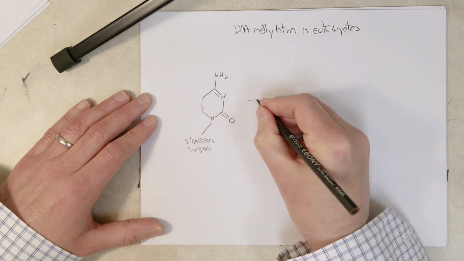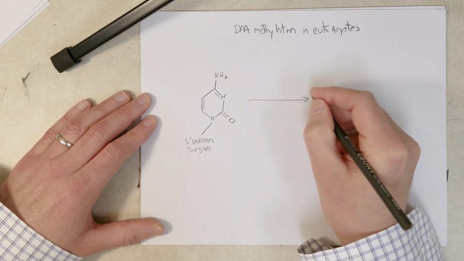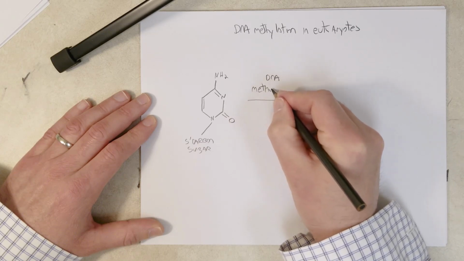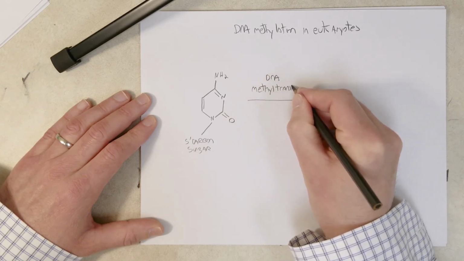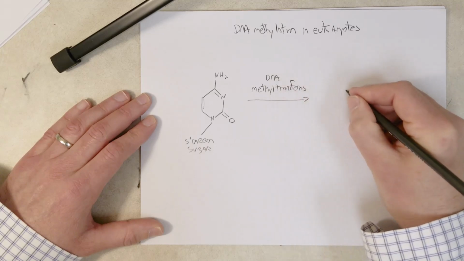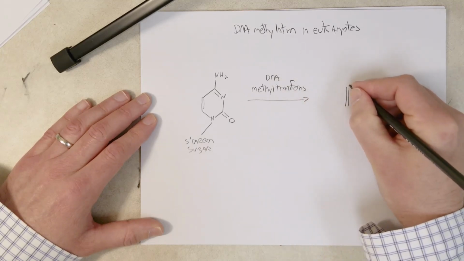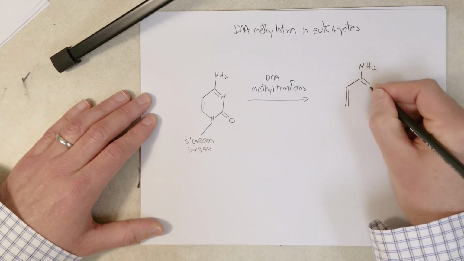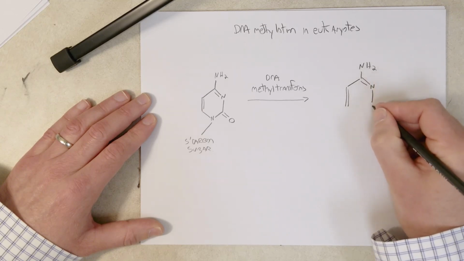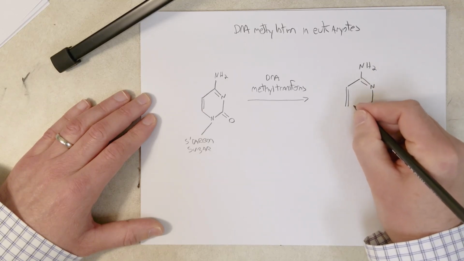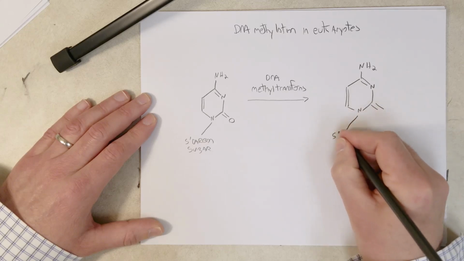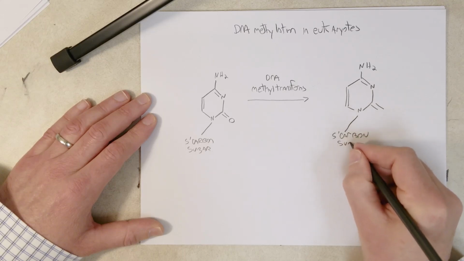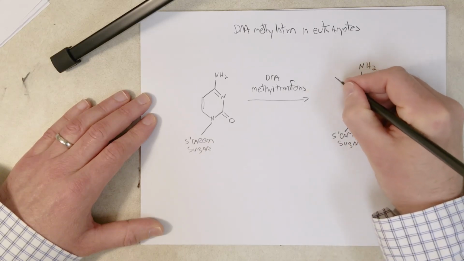Now, when cytosine is methylated by an enzyme called a DNA methyltransferase, it will have the following structure. Overall, the structure is identical, or nearly identical: the double bonds are in the same locations, and the 5-carbon sugar is bound to the same nitrogen. And the methyl group is going to go right here.